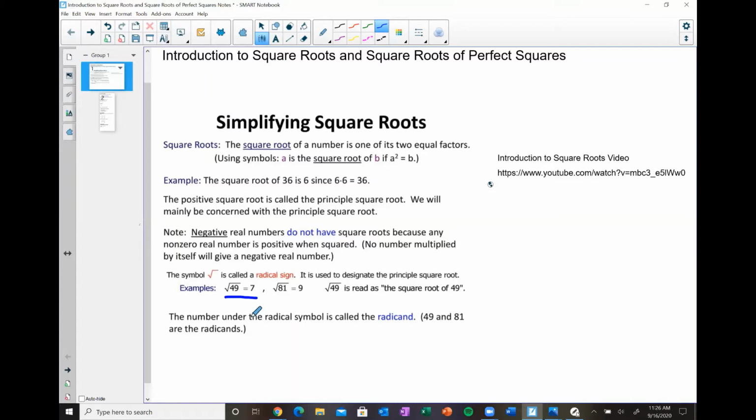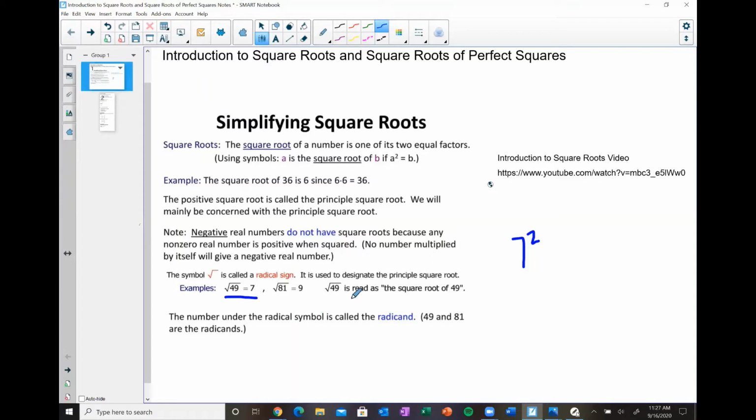And 7 to the second power equals 49 because 7 times 7 equals 49. Then we have another one: the square root of 81 is 9. How is it 9? 9 times 9 equals 81, and 9 squared is the same thing as 9 times 9, which gets you 81.